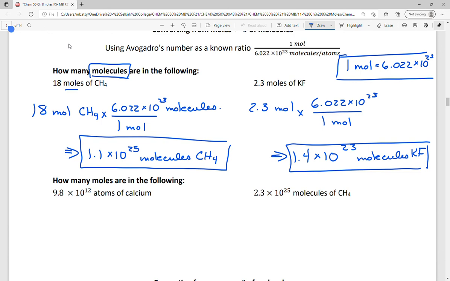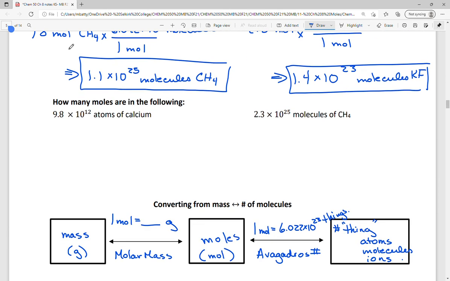The other ones are going in the other direction. So again, if you map this out, we're over here in the number of things for this question. And it says how many moles. We're wanting to go over to the next box. And so we can see that Avogadro's number is my conversion factor. So 9.8 times 10 to the 12 atoms of calcium. And we want to know how many moles that is.